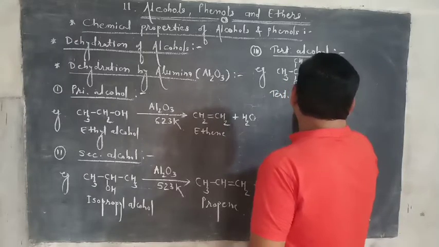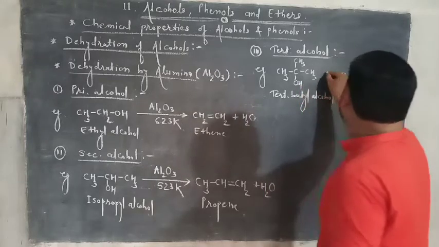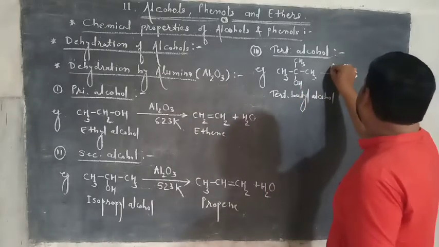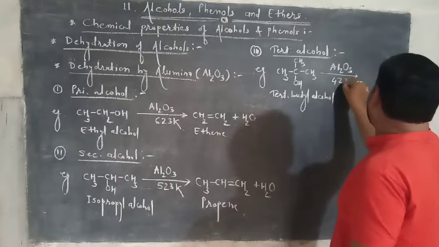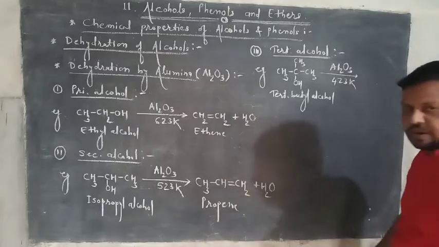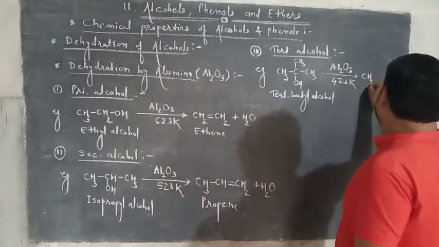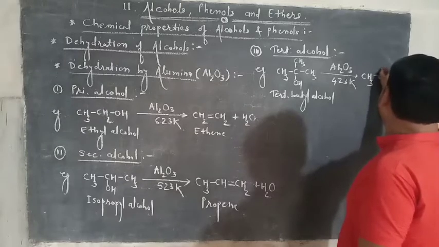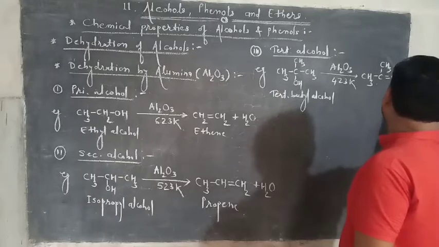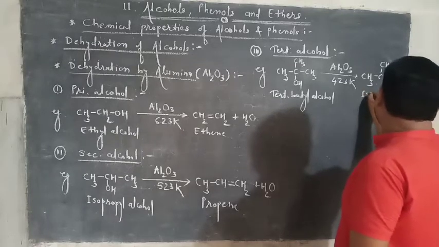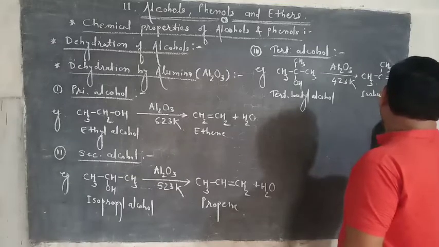Tertiary butyl alcohol is heated with alumina at 423 Kelvin temperature. Then it gives (CH3)2C=CH2, that is isobutylene, and water.